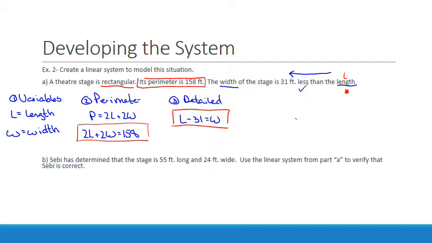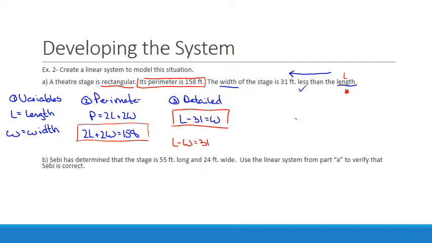I know sometimes I've had students that tell me the way they like to look at it is the length minus the width equals 31. And that's great too. So there's other ways you can think of equations. So just because you wrote an equation one way and your buddy wrote it differently doesn't necessarily mean that one of you is wrong. You might have written equivalent equations and you just rearranged them differently.